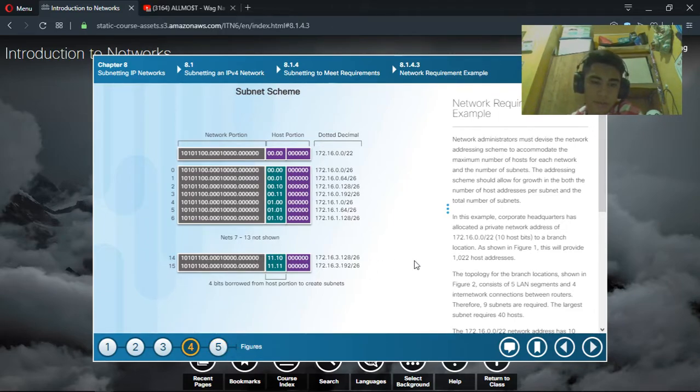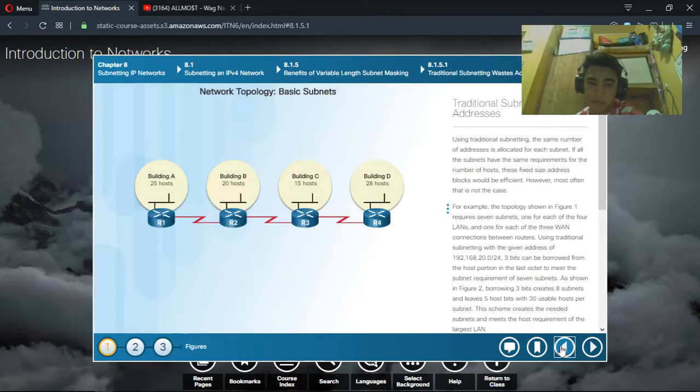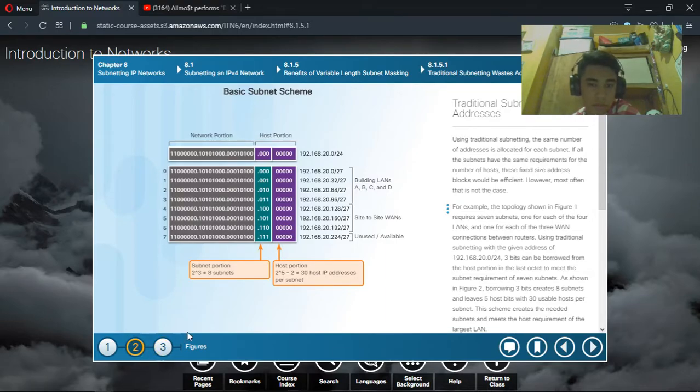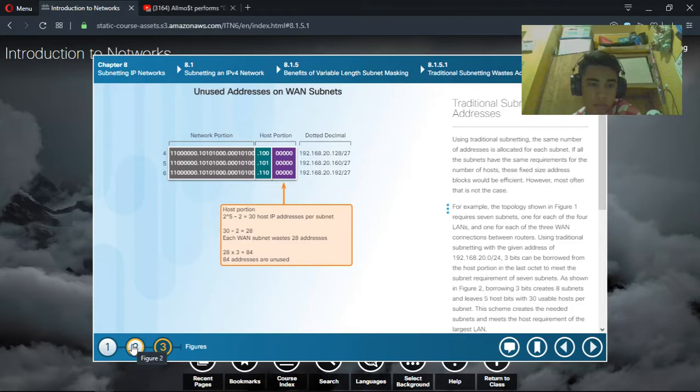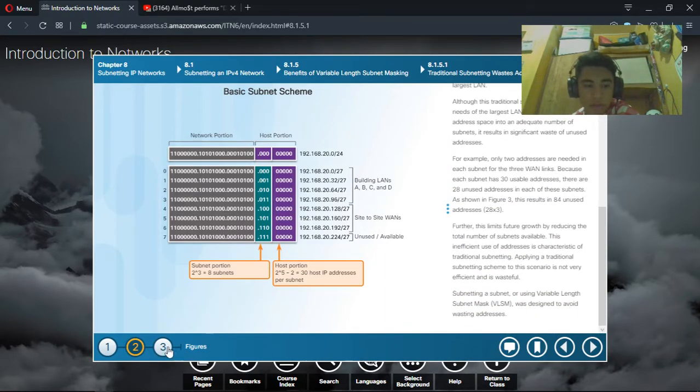Okay, traditional subnetting. This is the subnet portion, then 2 raised to 3 equals 8 subnets, and the host portion is 2 raised to 5, minus 2, equals 30 IP addresses. So 30. Okay, done.